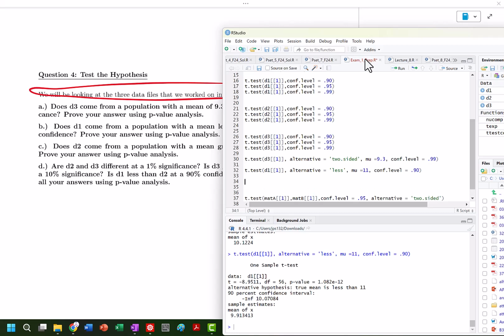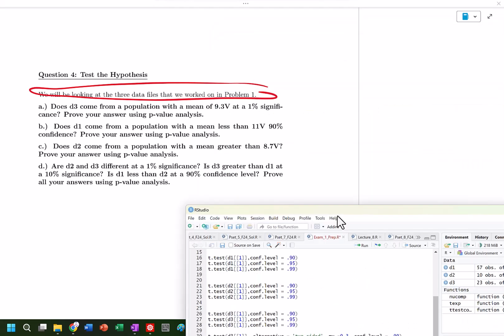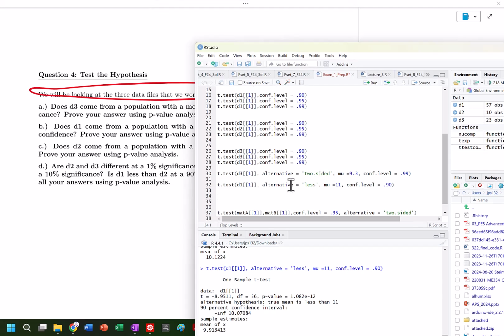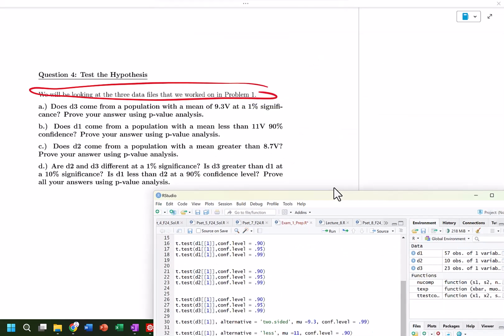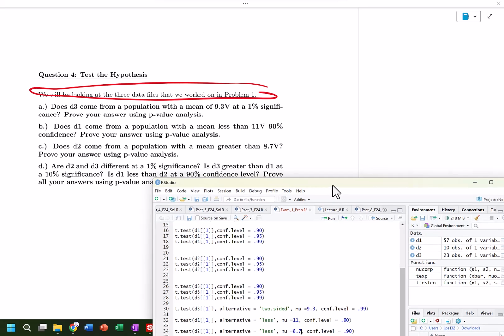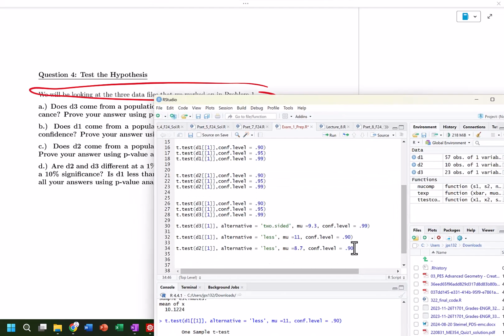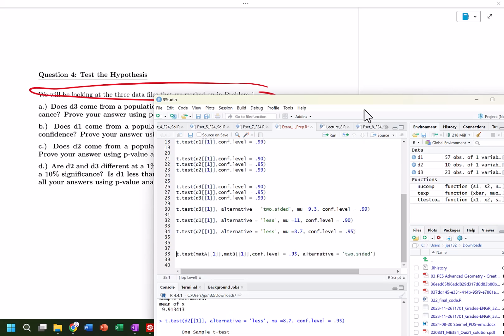Fantastic. Does D2 come from a population with a mean greater than 8.7? So let's go ahead. D2, mu of 8.7, greater than 8.7, and we're going to look at a 95% confidence interval.